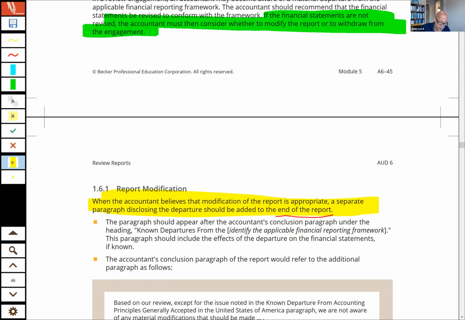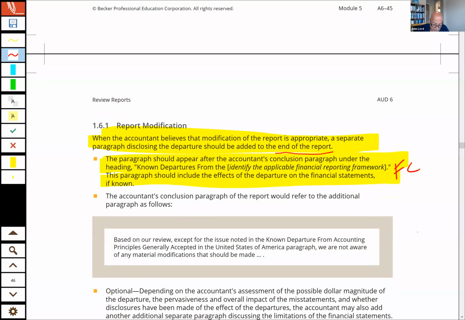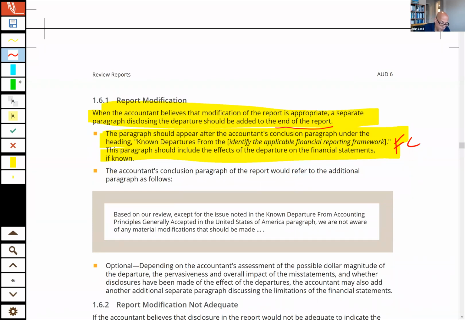The paragraph will appear after the conclusion paragraph, the I'm not aware paragraph, and it will have the heading known departures. The conclusion paragraph will refer to that known departures paragraph. So you can see the way that looks there.